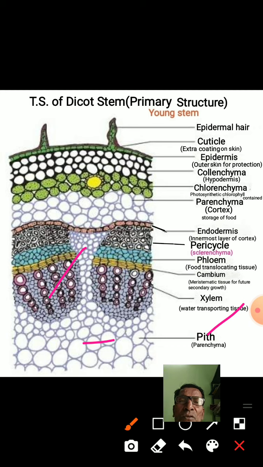So this is how the young sunflower stem is composed of different tissues in the form of different layers, starting from the outer peripheral protective skin, epidermis, up to the core part of the stem.